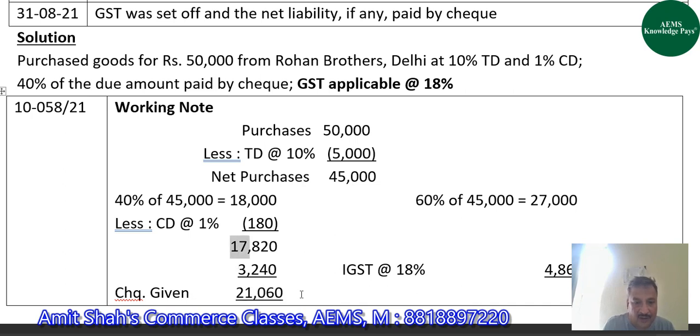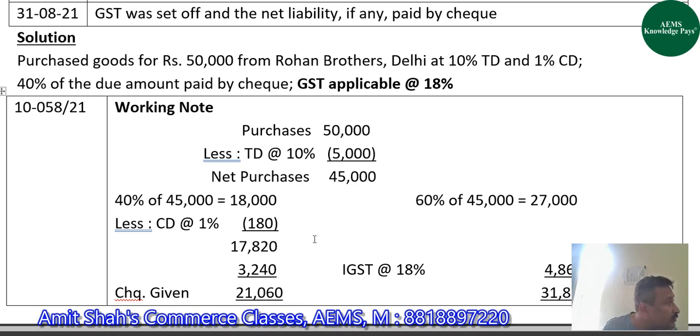That is 17,820, which is after cash discount, plus 3,240 of IGST. And how much he yet has to pay is 31,860. That is 27,000 plus 4,860. Am I clear or not?